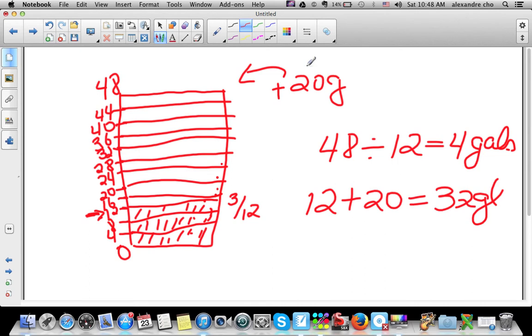So I'm going to change colors over here to yellow, and this is 4, that's 8, that's 12, that's 16, and that's 20. If somebody adds this much water, which is represented by the yellow, 20 gallons, your new water level, water marker, will be right here, 32 gallons. Okay?